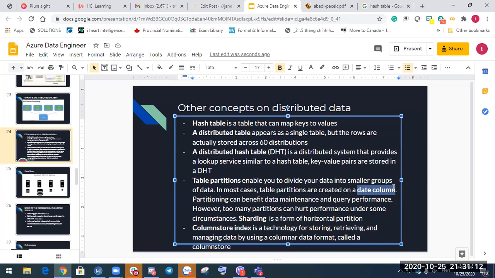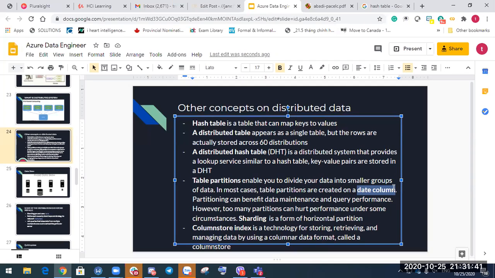I'll explain why later when we talk about the sharding concept. But remember, when you partition a table, you want to do it on a date column, but when you shard, you don't want that. Partitioning can benefit data maintenance and query performance. However, too many partitions can hurt performance under some circumstances.